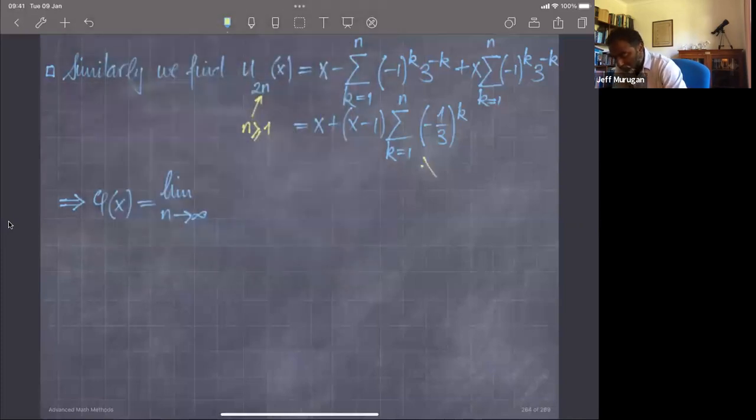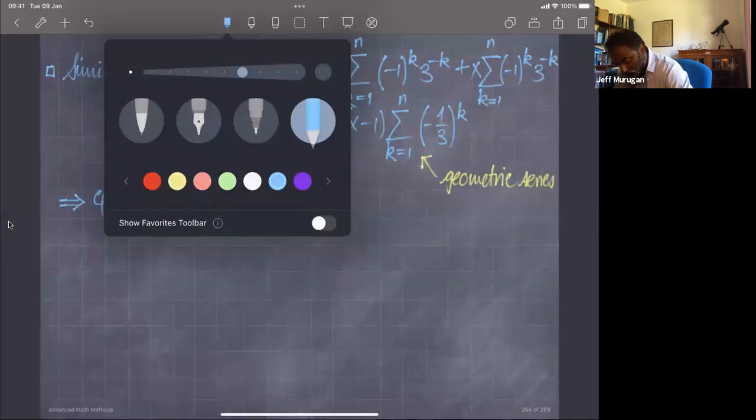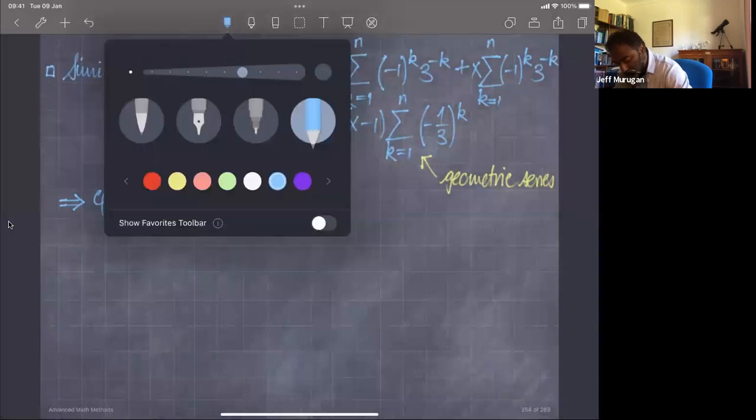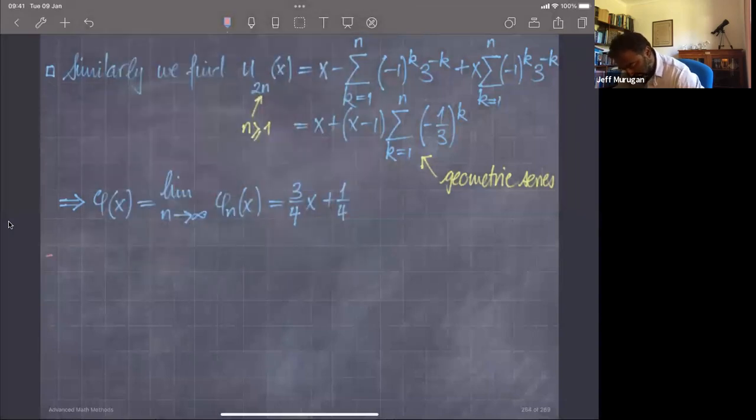This is a geometric series which can be summed. So this is the limit as n goes to infinity of phi n of x, which you can show is 3/4 x plus 1/4. And I'm going to leave as an exercise for you to fill in the gaps.